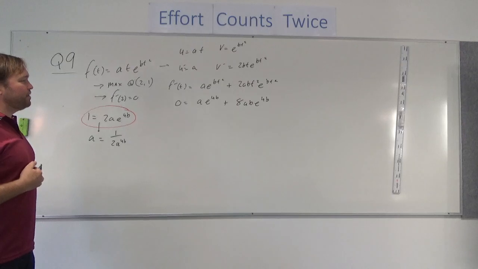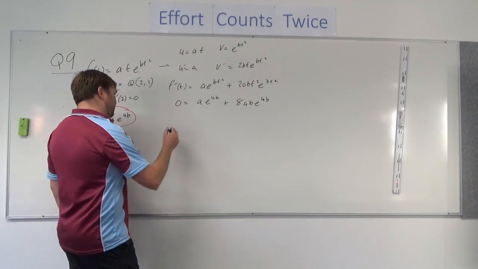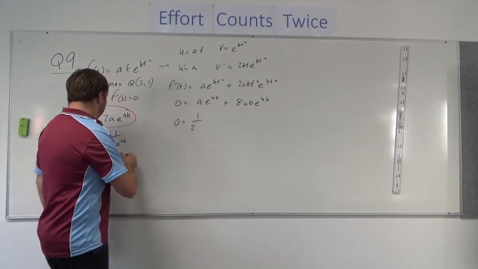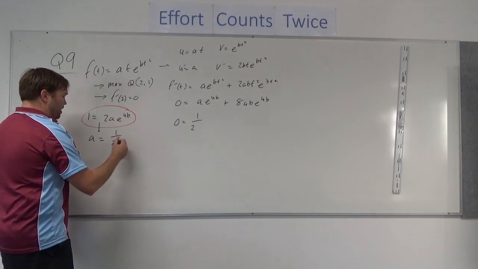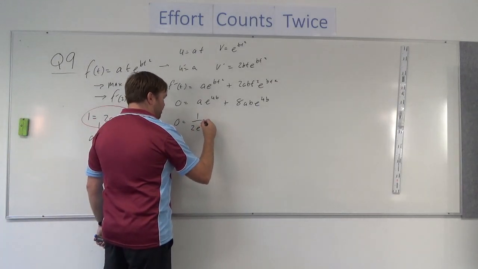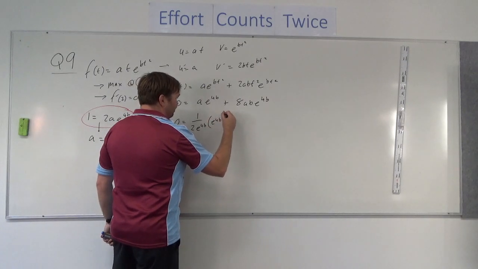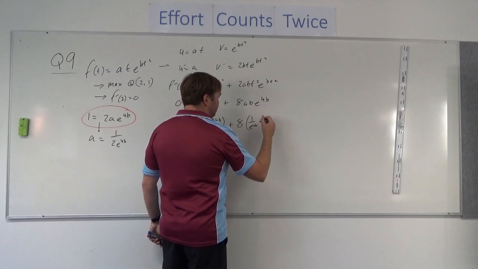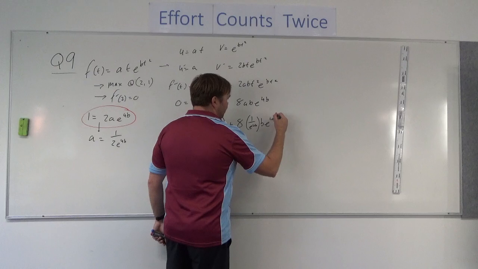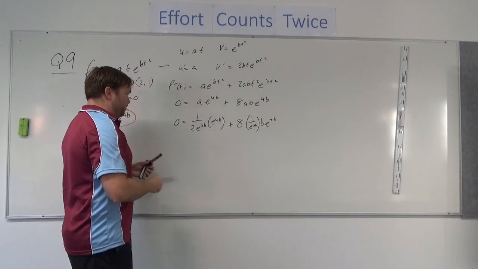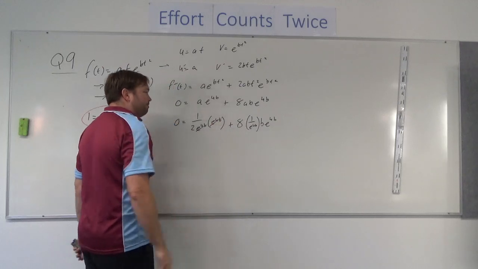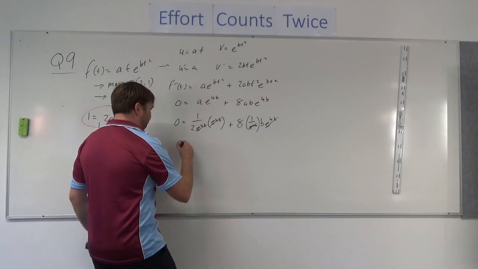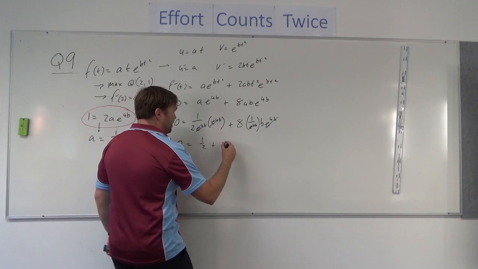That's not particularly nice, but I feel like it's actually going to work out kind of nicely here. 0 equals 1 over 2 e to the 4b, bracket e to the 4b, plus 8 lots of 1 over e to the 4b, b, e to the 4b. Oh, that's good stuff, because that goes and that goes. And what that leaves me is 0 equals a half plus 8b.